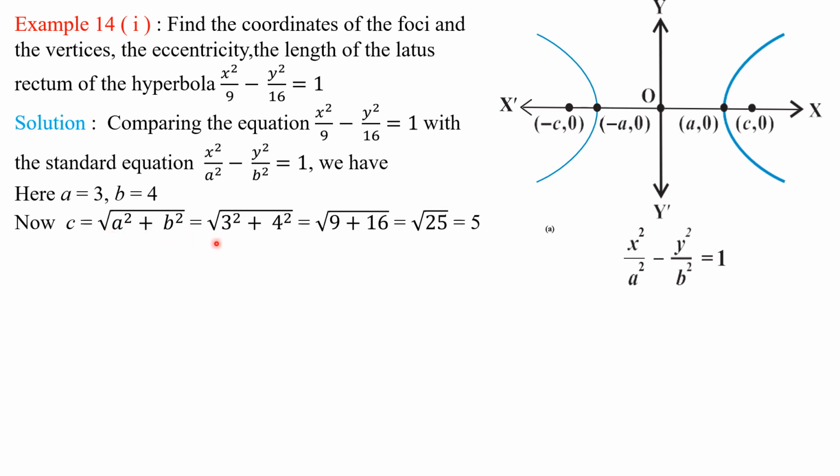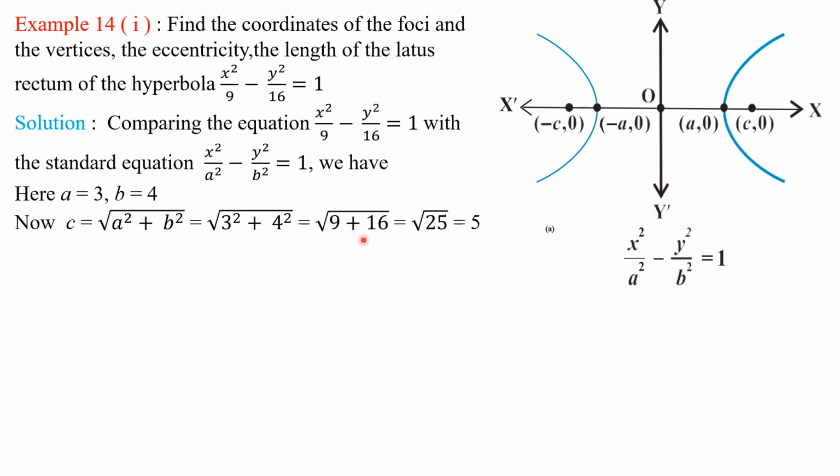In this formula, let us substitute the values of a and b. So square root of, what is a value? 3. So 3 square plus, what is b value here? 4. So 4 square. Understood this step, my children? That is equal to square root of, what is the value of 3 square? 9. Plus what is the value of 4 square? 16.